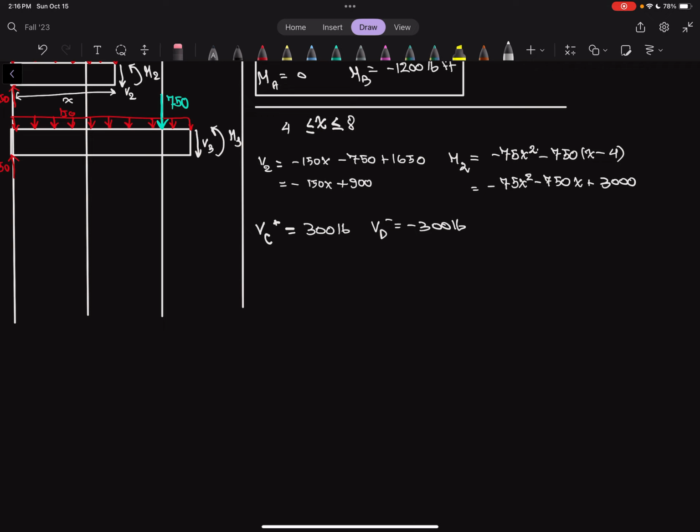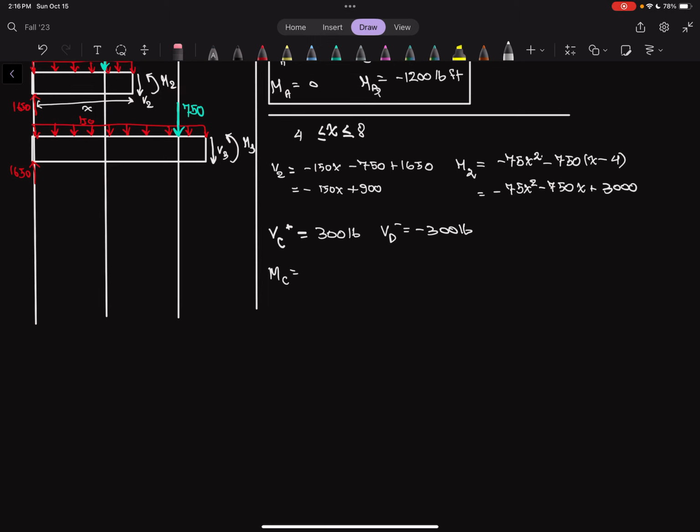Okay. And now we're going to do MC. Should be the same. Oh, and this is a C. Should be the same as that. And so, let's see, minus 75 times 4 squared minus 750 times 4 plus 3,000. We get minus 1,200 pound feet.